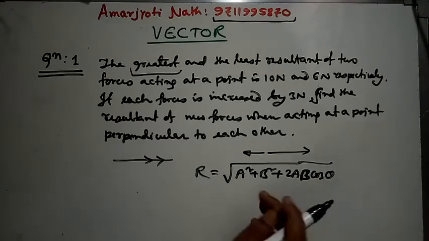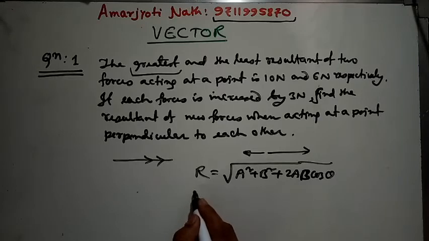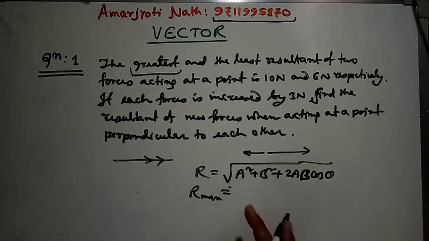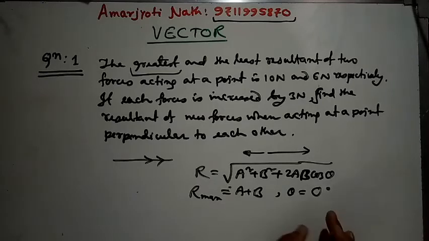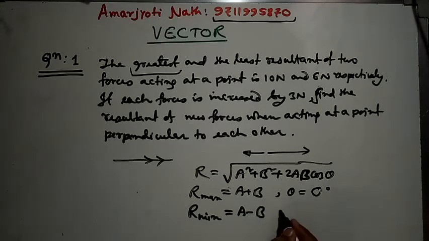For R maximum, the answer becomes A plus B, and theta becomes 0 degree. This is already discussed. For R minimum, the result becomes A minus B and theta becomes 180 degree.